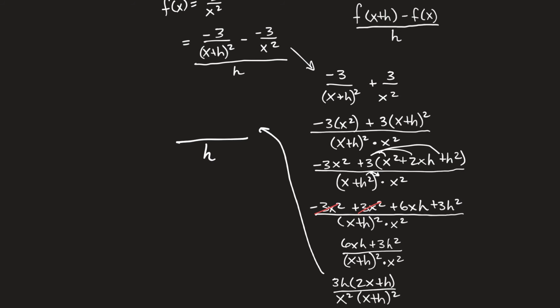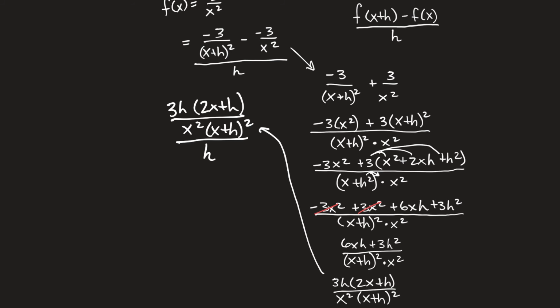So that's 3h times (2x plus h) over x squared times (x plus h) squared. And we could just say cancel the h's, but I guess I'll go one more step and just show you.